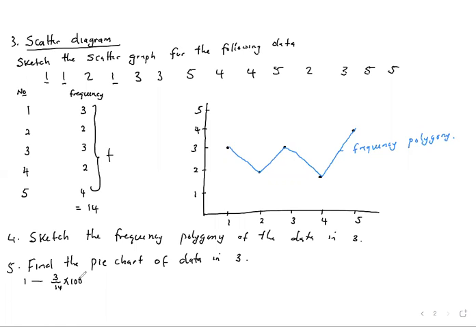So you have 300 divided by 14, giving us 21.4. 2 contributes 2 out of 14. The frequency, that is 200 divided by 14. We get 14.3.